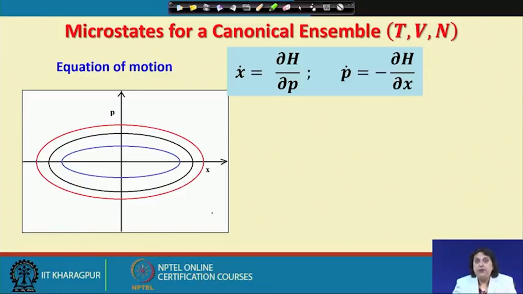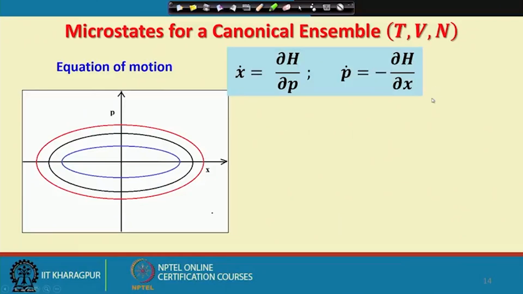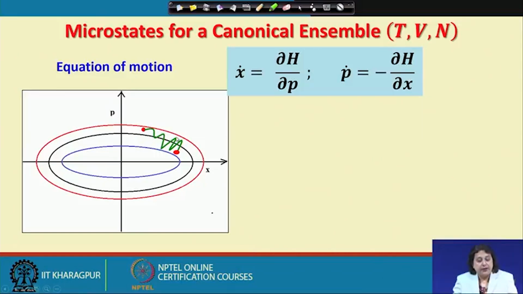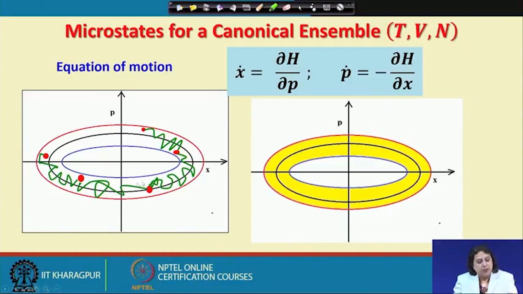So, in this case, if you want to go through the molecular dynamics route and find out what are the different values of x and p that represent the microscopic states of this system, you will have to solve the Hamiltonian equations of motion, and they are going to give you solutions like this. Initially you started from here, then the trajectory, which is a succession of different intermediate time positions, after a certain time will bring you here, and then probably farther, and you see that the system is essentially moving about through this region in the ellipse.